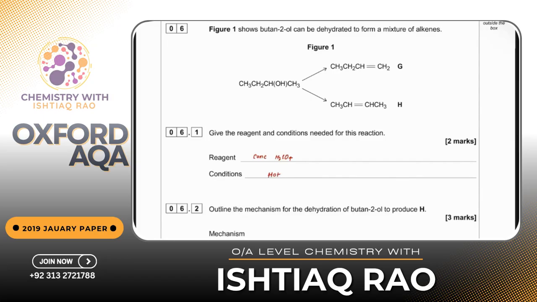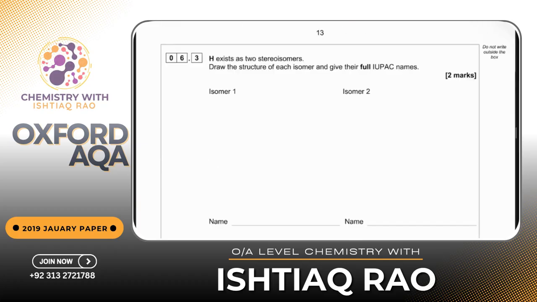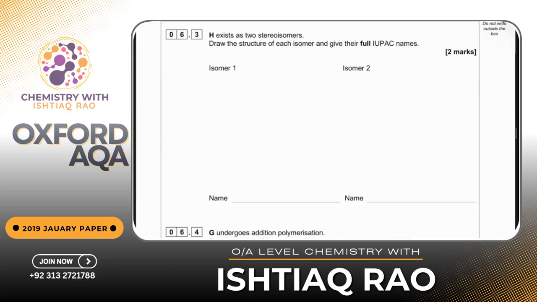All right, here you can scroll back down. Then isomer 1 and isomer 2. Let's do CDIs.